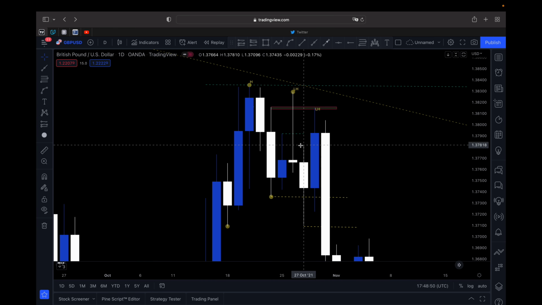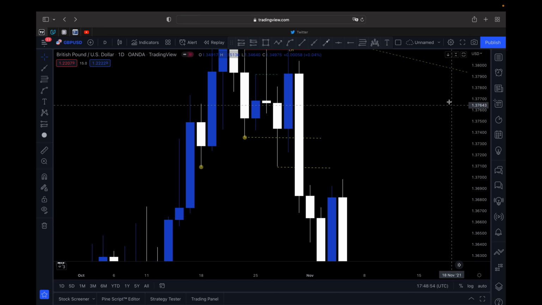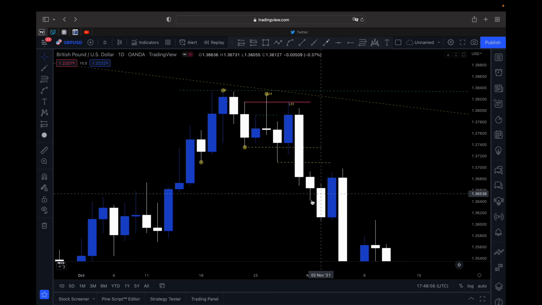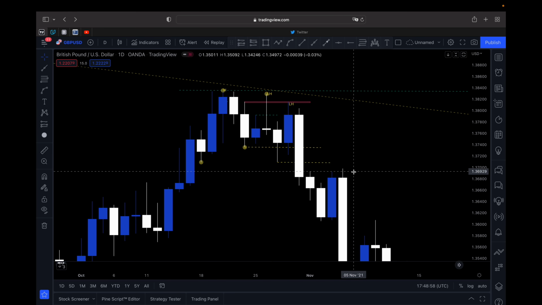So this is it. It's actually clearer on the daily time frame. You can see the movement came back up here.